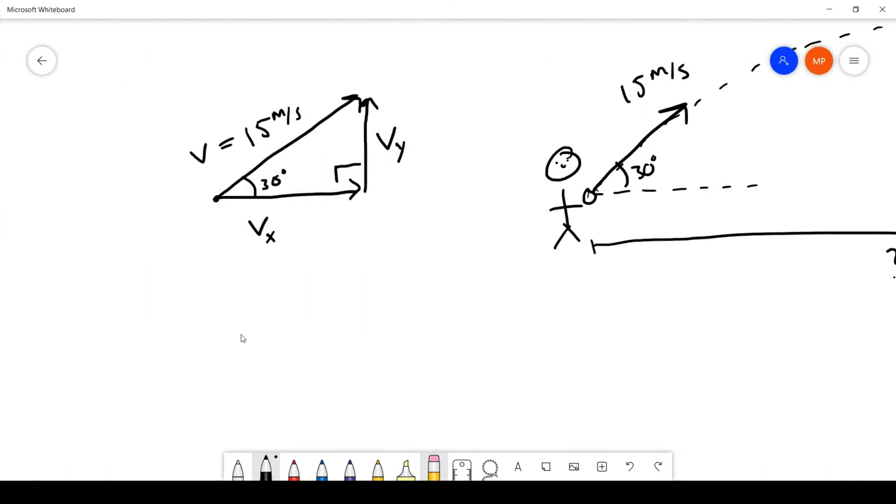We can say, okay, well, we have this 15 meters per second. If we want to figure out what the velocity in the x is, this is going to be the hypotenuse times cosine of 30 degrees, which is going to be 15 times, I believe, 1/2, if I remember my unit circle correctly.